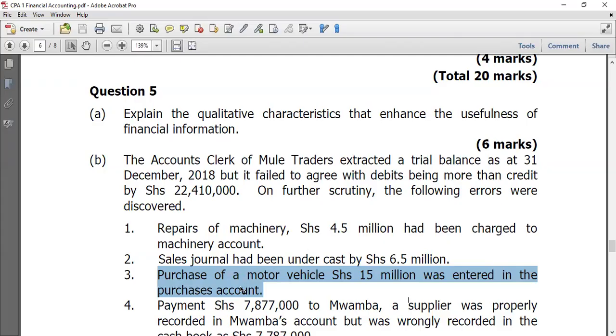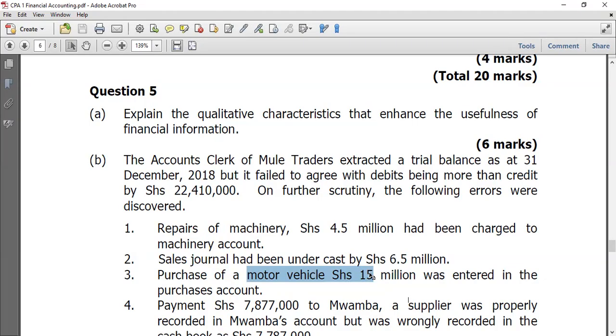Why this is also an error of principle is because the purchases account only records goods that are bought for resale, or goods that are bought to be transformed into final products to be sold, okay? So if we are buying a motor vehicle, it's not a purchase. It's not recorded under our purchases because it's not a raw material to our final products, and it's not one for resale, okay?